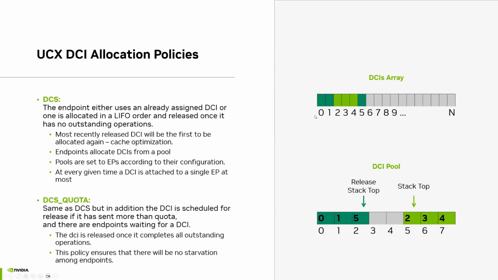The stack contains indices of the DCIs array. We also have a release path for DCIs, for EPs that finish sending their data, and they can return the DCI to the pool. Any questions about how that works?